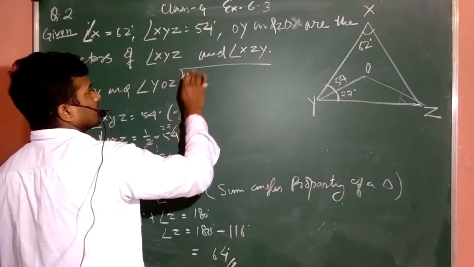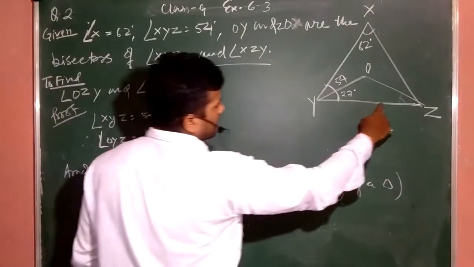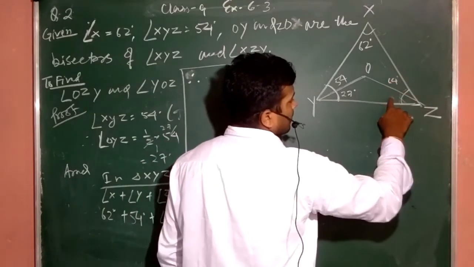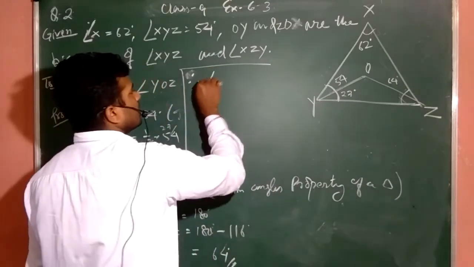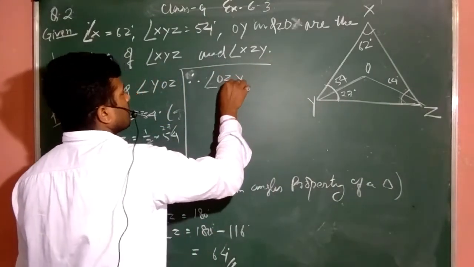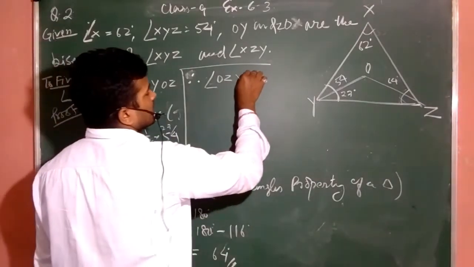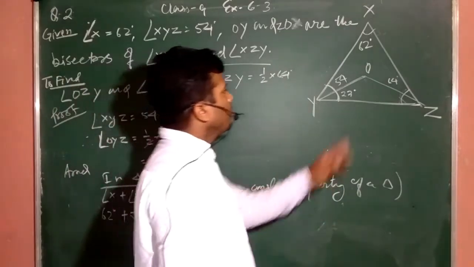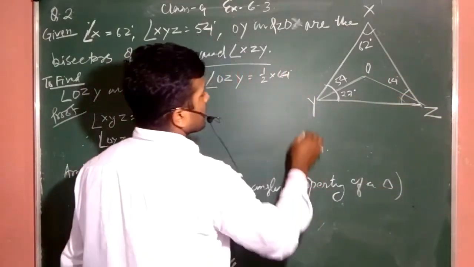Now we'll find this one. We got 64. Now we'll find OZY. The question is also to find OZY. So OZY is equal to half of 64. Why?